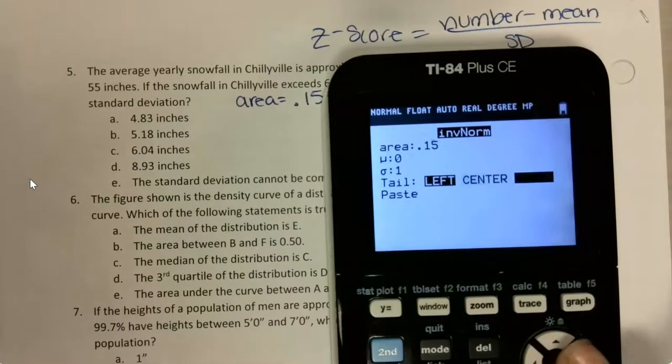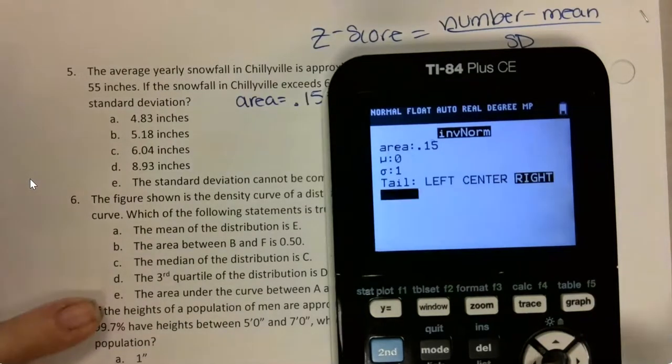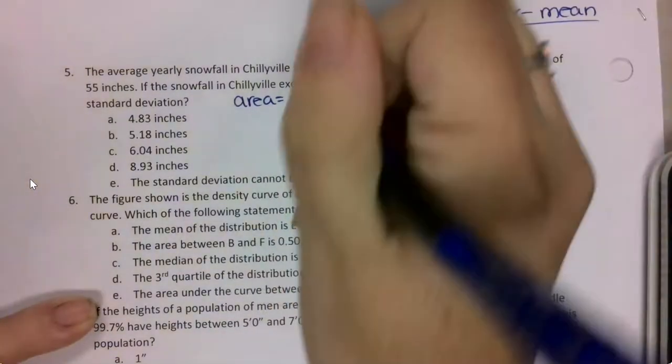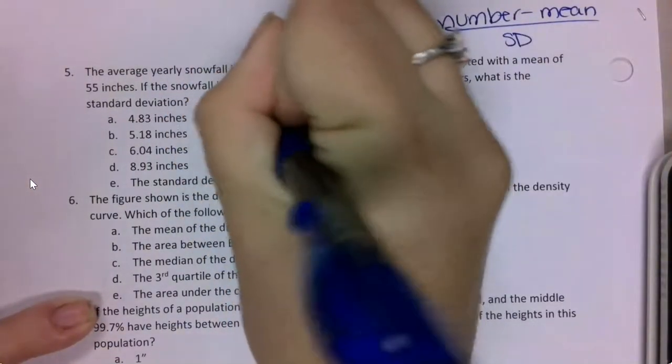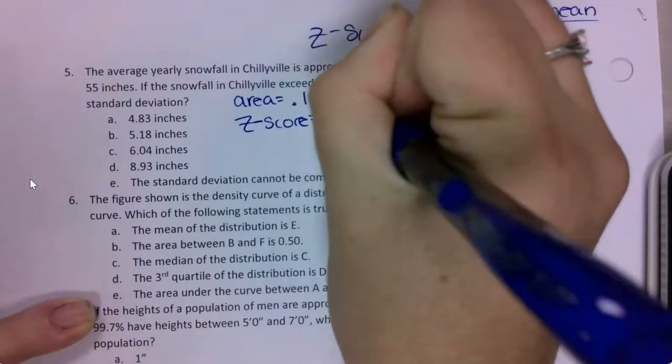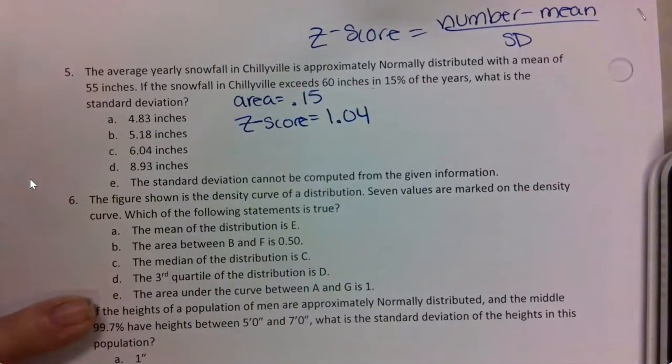If I don't have the choice, I'm going to do exactly as it is, and then subtract, or change it to a negative. And then I want to hit paste, which gives me 1 point. This is my z-score. So I'm going to do 1.04 because z-scores are always to 2 decimal places.